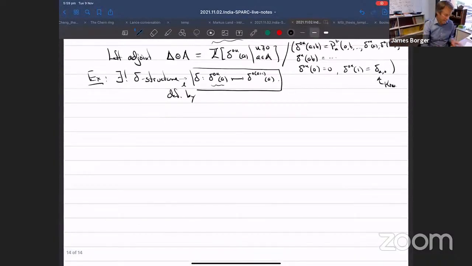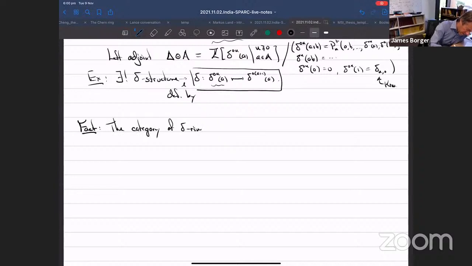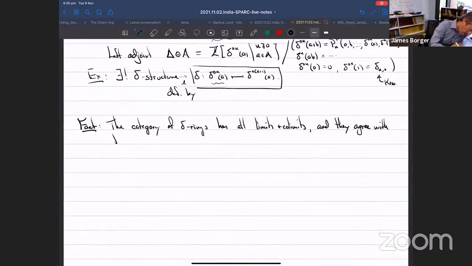Okay. So, before I get to the main point, there's just one fact that follows formally from all these things that I've been discussing, which is that the category of delta rings has all limits and colimits over any diagram, and they agree with those in rings.